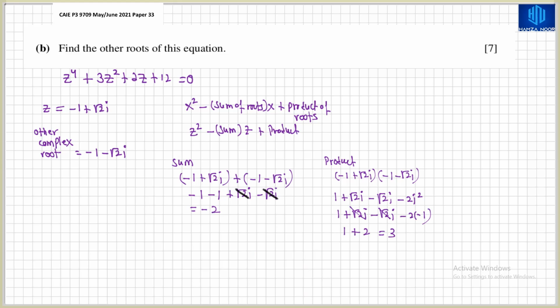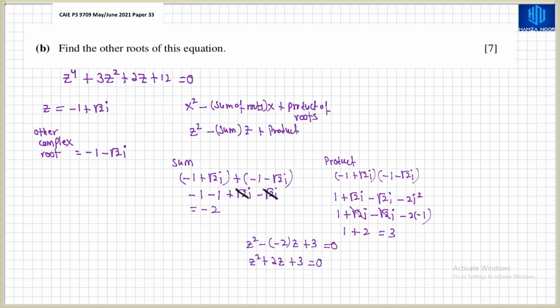So now we can say that the quadratic equation which you solve to get these two complex roots will be z square minus -2 times z plus 3 equals 0. Therefore z square plus 2z plus 3 is equal to 0.